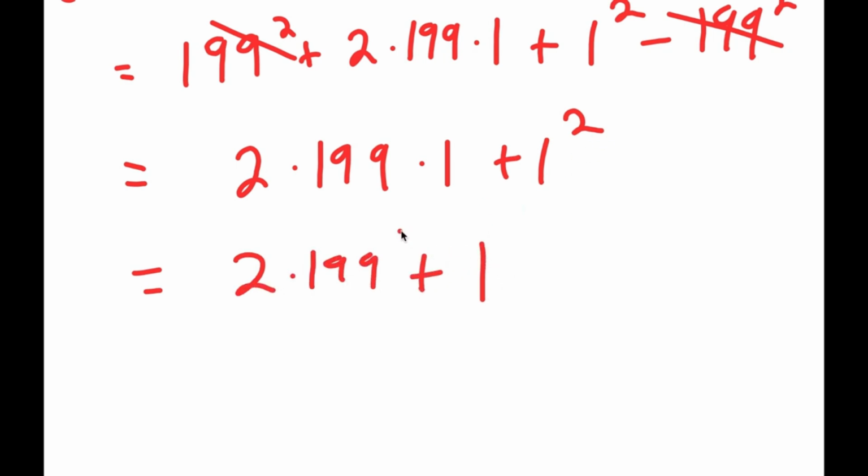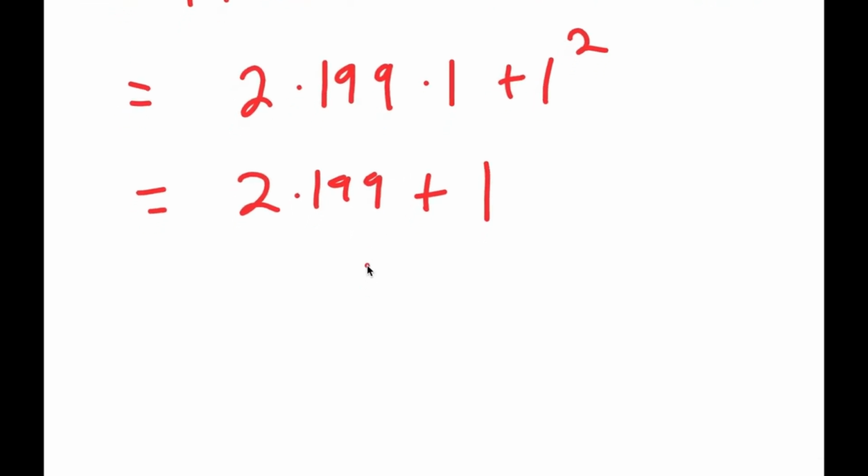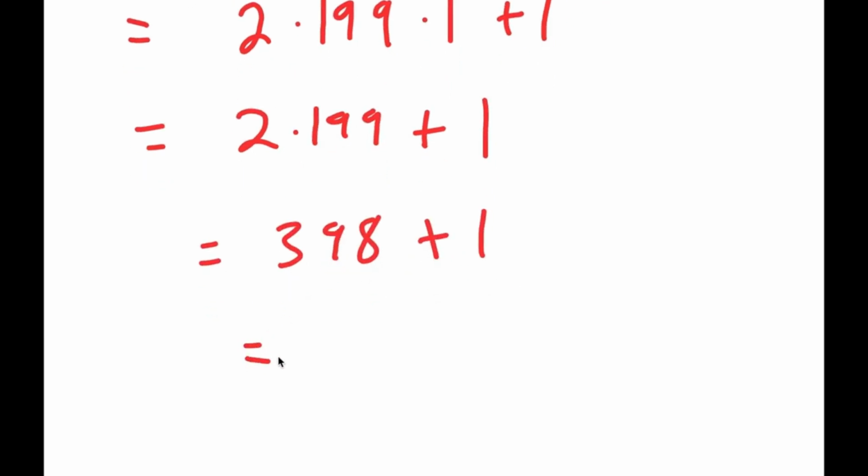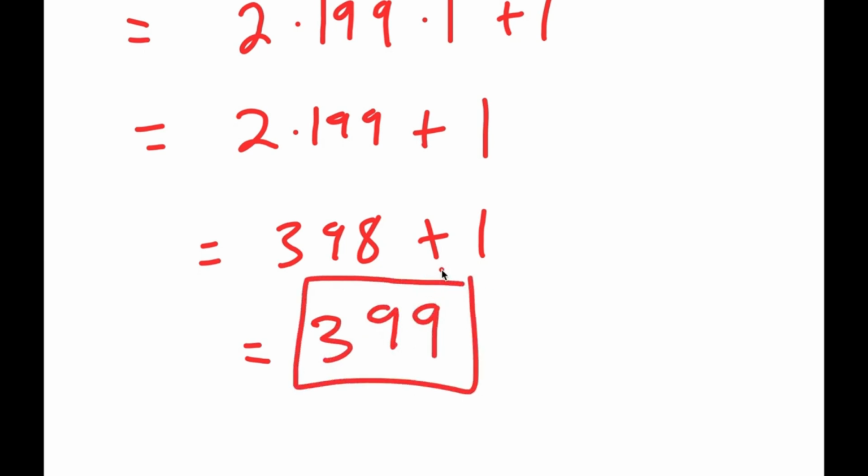So I have 2 times 199, and this is going to equal 398, and I have this plus 1, which is equal to 399. So my answer is 399, and that was method 1.